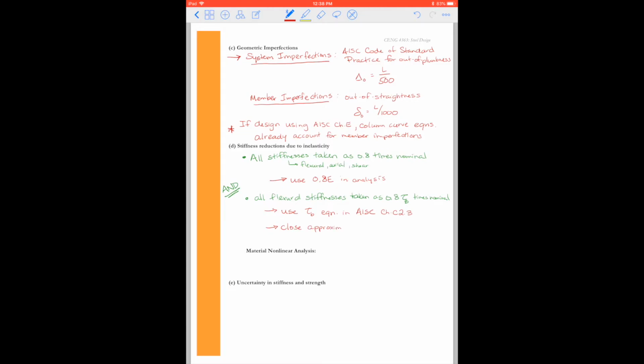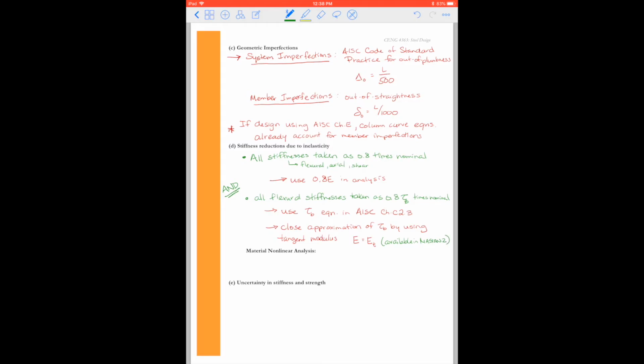An alternative that we will use in this class is that we can take a close approximation of tau_b by using tangent modulus theory. So instead of using E at all times, we will use the tangent modulus, or E sub t, and we'll see that this is available in the software we're talking about, MASTAN2.